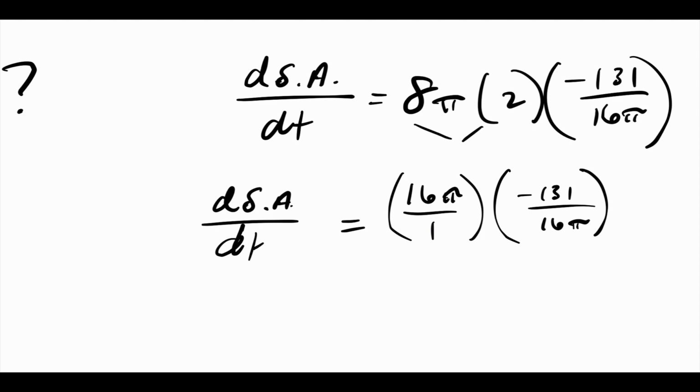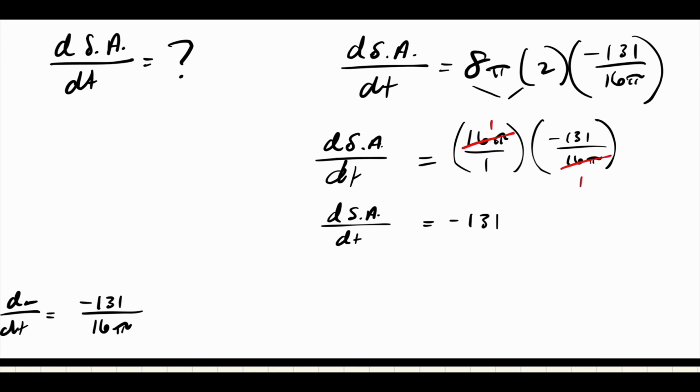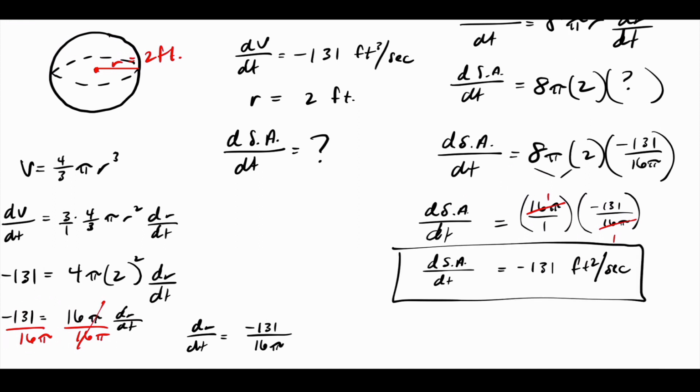Well, 16 pi on top, 16 pi on bottom, if you're multiplying, just reduces to be 1. So you end up with just negative 131. Since it's area, it's going to be feet squared per second. And you're done.